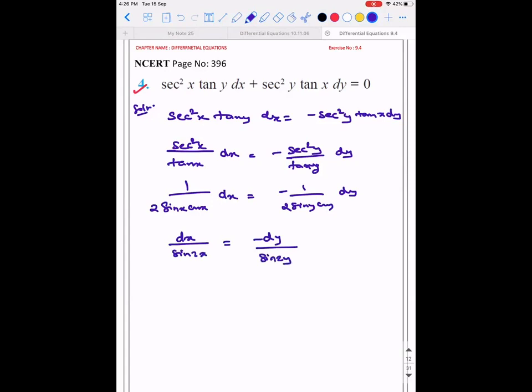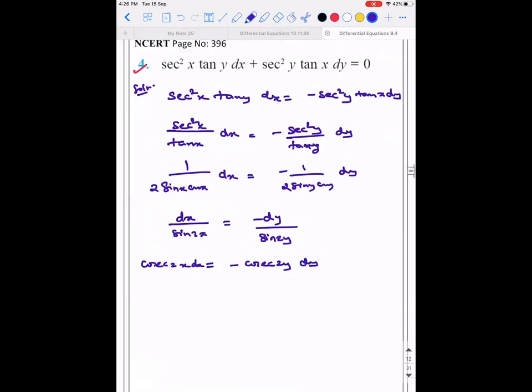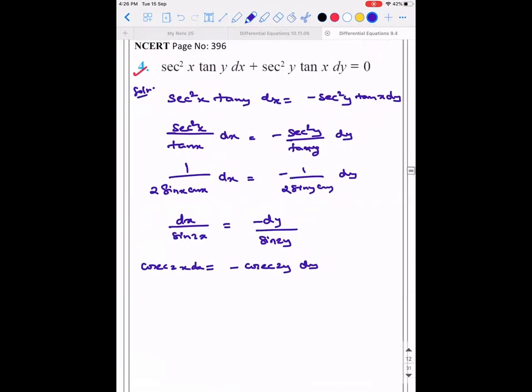So 1 by sine 2x can be taken as cosecant 2x. Is there any doubt till this step? I'll solve this problem using another method also. Now you have got this.